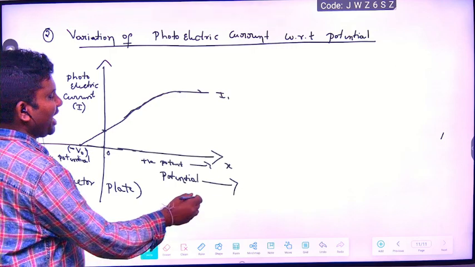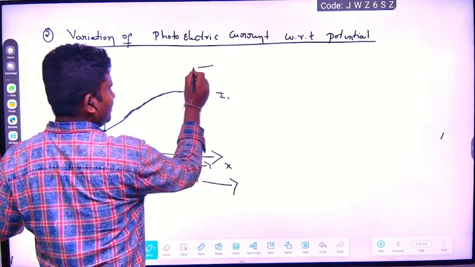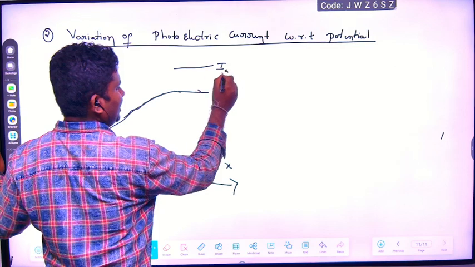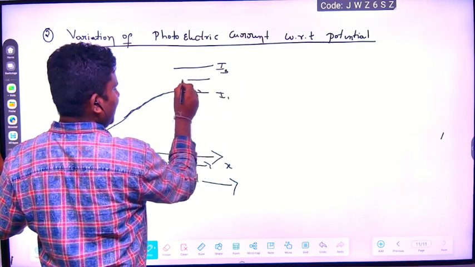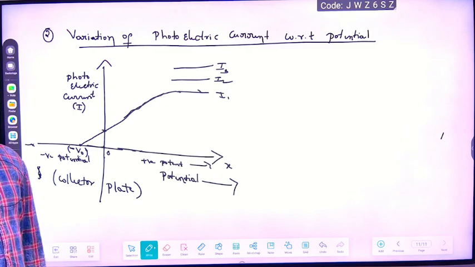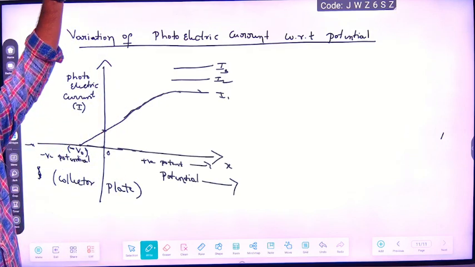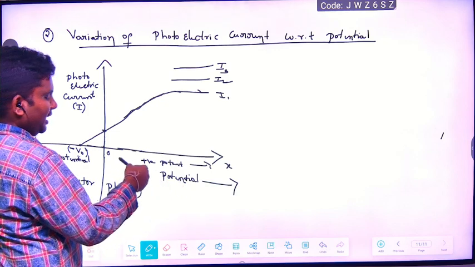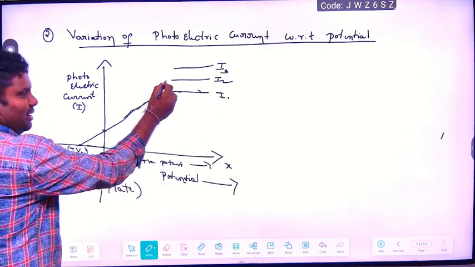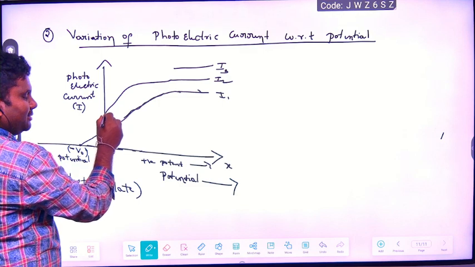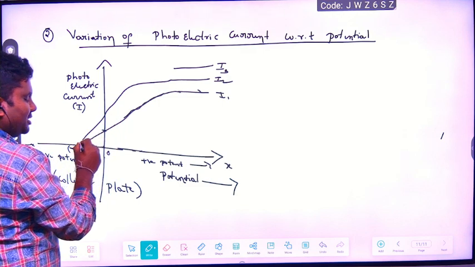Now I will take a higher intensity light. I3. One more you take, I2. Intensity of light falling, I will increase more. But if you go on applying negative potential to the collector plate, what will happen? Maybe at one particular point it will be there, but the stopping potential is the same.